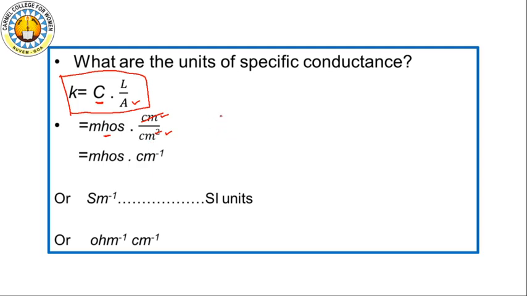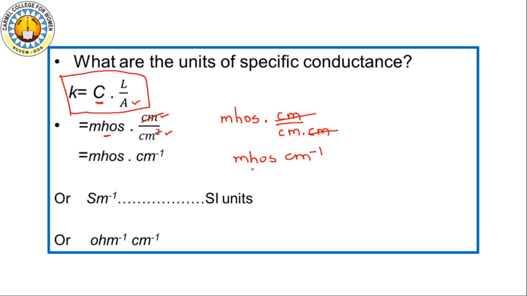I'll write it here for more clarification. So this is the unit of conductance, this is the unit of length, and the unit of area will be centimeter into centimeter. When I say centimeter square, it means centimeter into centimeter. So 1 centimeter from the numerator will cancel with 1 centimeter in the denominator. What will be remaining is mho centimeter inverse. So this is the unit of specific conductance.